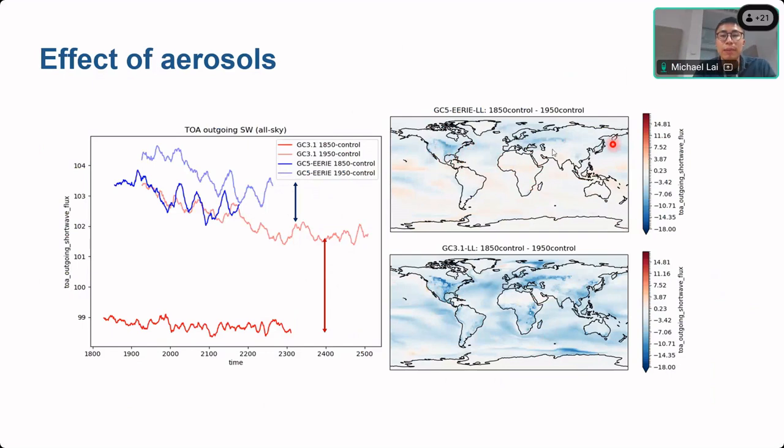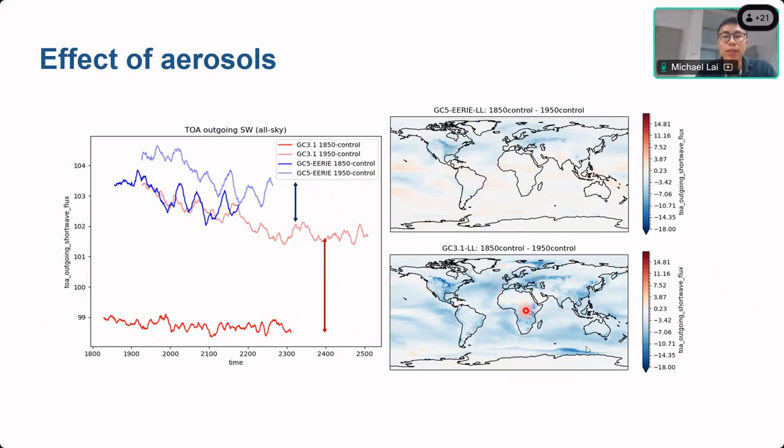You see this northern hemispheric pattern centered around the US and Europe, where you have SO2 emissions from the Industrial Revolution. This is the pattern you'd expect to see in terms of how the aerosols should look in 1950 compared to 1850.